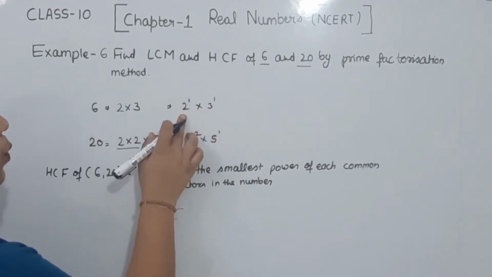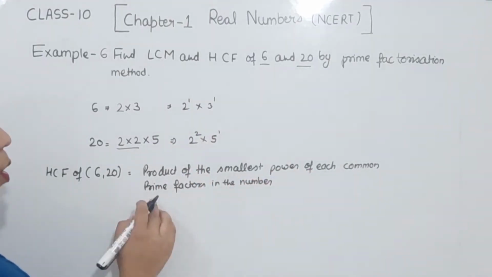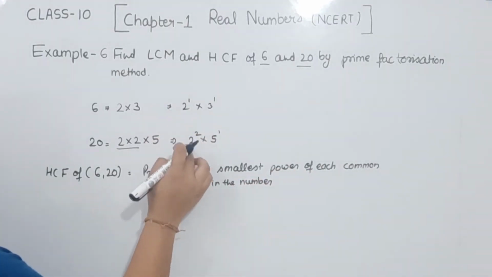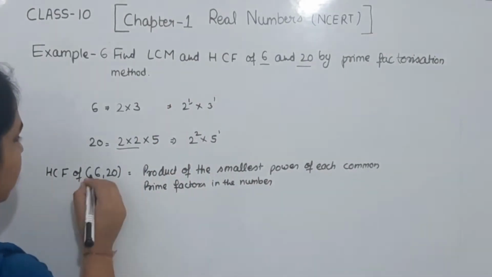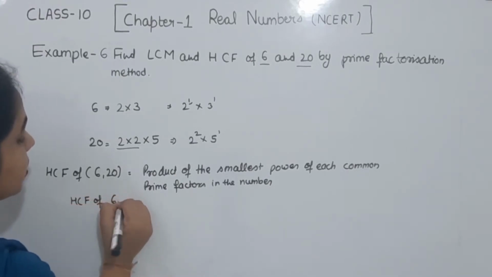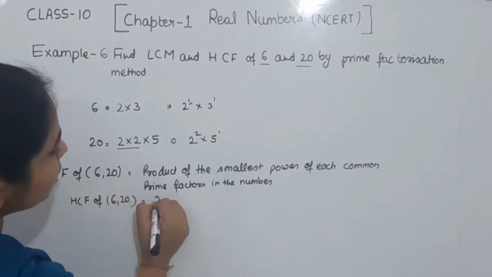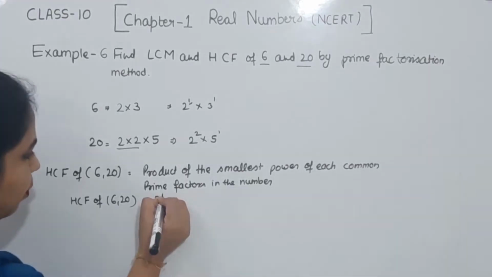First of all we have to find the common prime factor. The common prime factor is 2, and the smallest power is 1. So the HCF of 6 and 20 is equal to 2, that is 2 to the power 1.